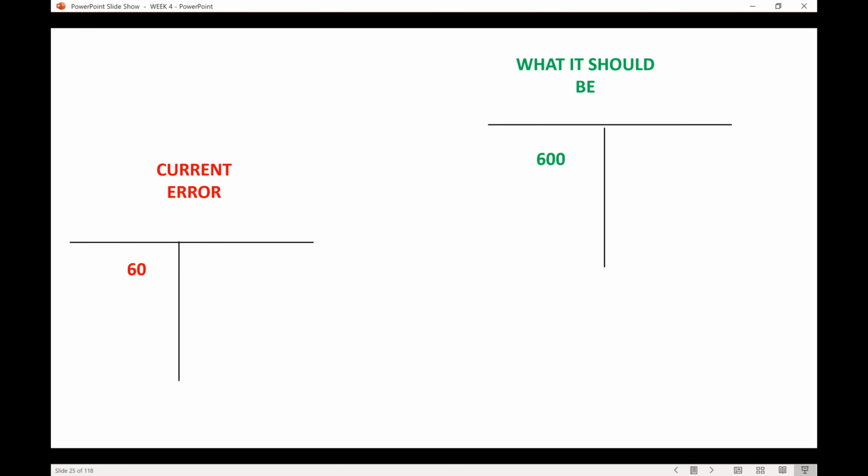So we're going to have to increase this to 600. So what we do is find the difference and debit it. The difference here is it's short by $540, right? So in order to make our accounts receivable account look like a $600 debit rather than a $60 debit, we find a difference of $540 and debit that amount.